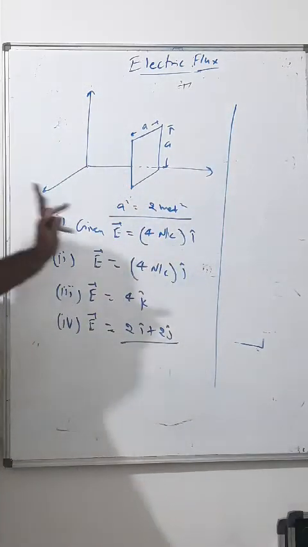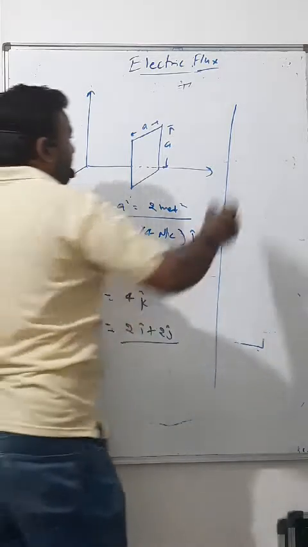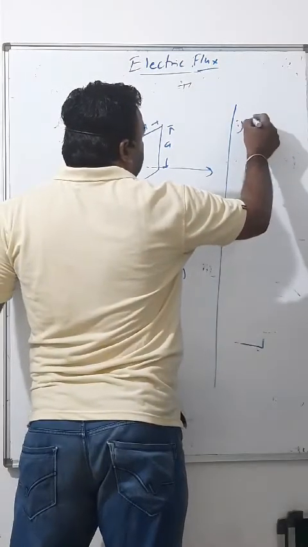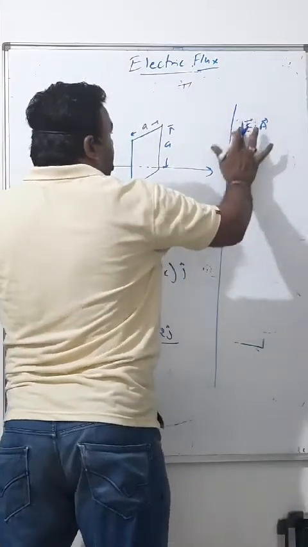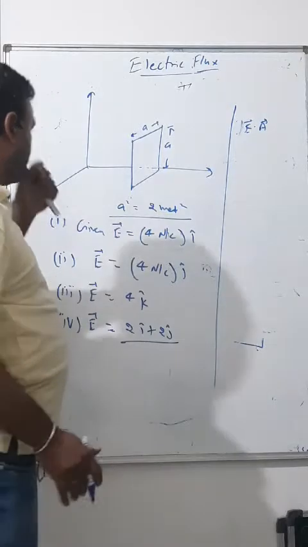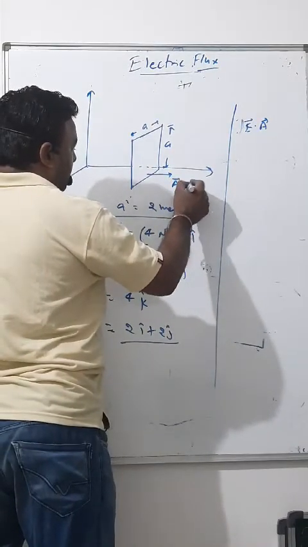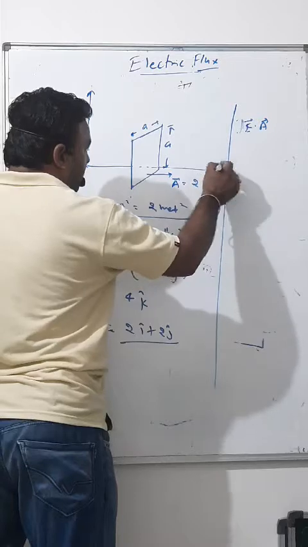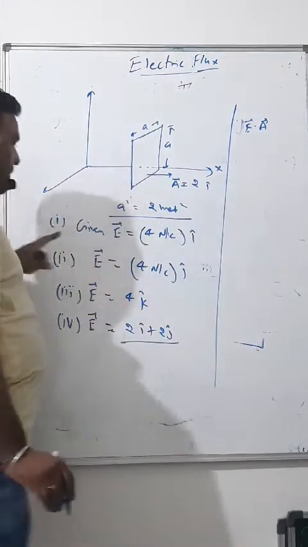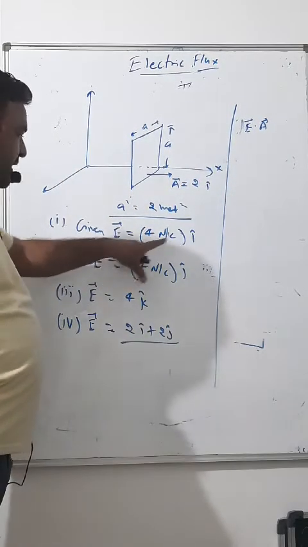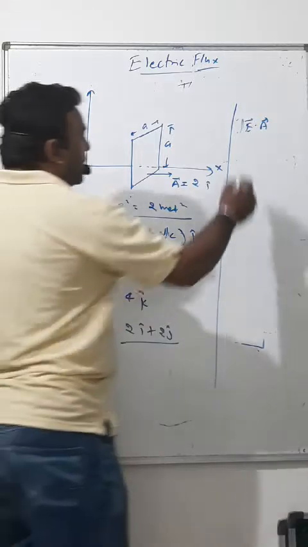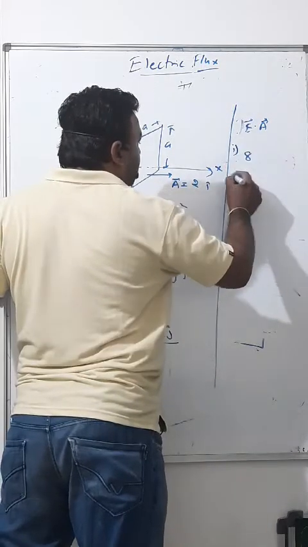Now, I explain it. If I use dot product everywhere, at each point, here the area vector is what? Area vector is 2 i cap along the x-axis, right? Now make the dot product of the first: 4 i cap dot 2 i cap, it is 8.